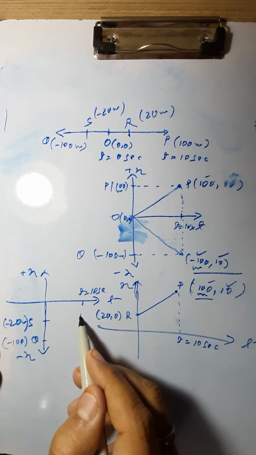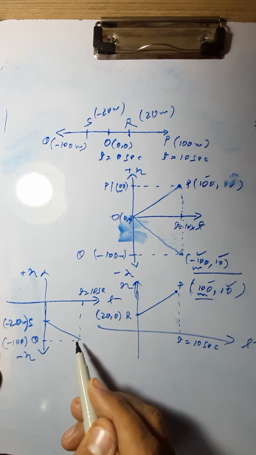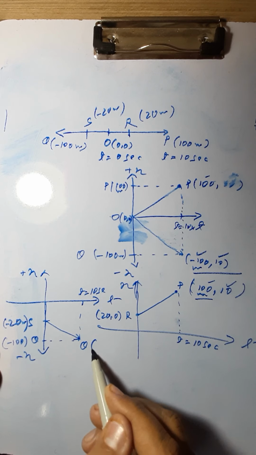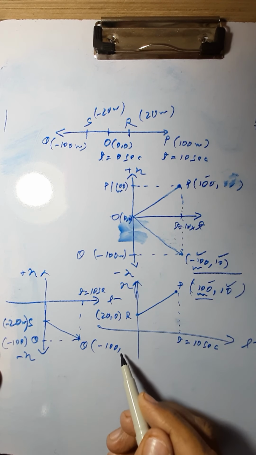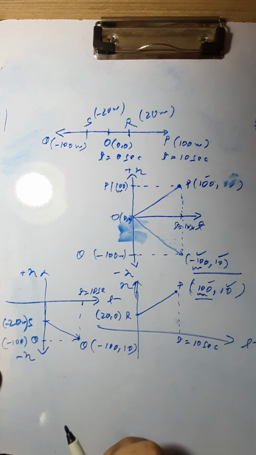So the graph would be like this: Q, minus 100 at t equal to 10 seconds.